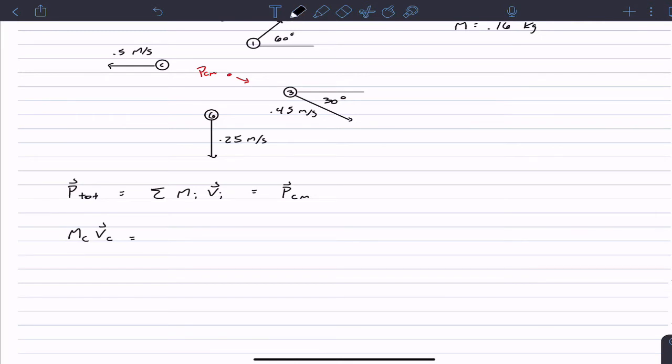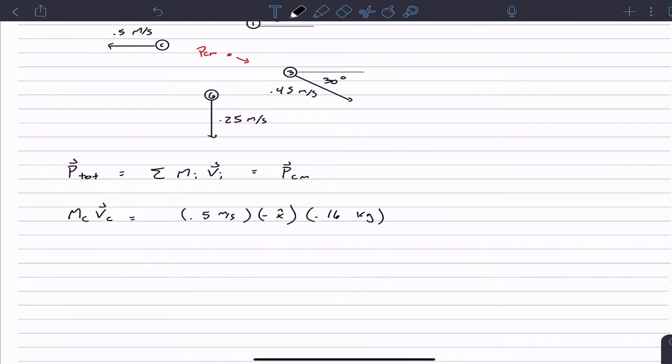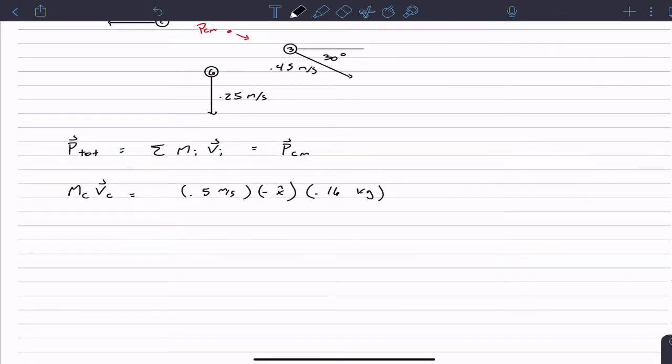Okay, we're given this information in the diagram. So we're given half a meter per second in the negative x hat direction times the mass, right? So that's the velocity times the mass. Let's see, that's ball 1, and we're going to need that.